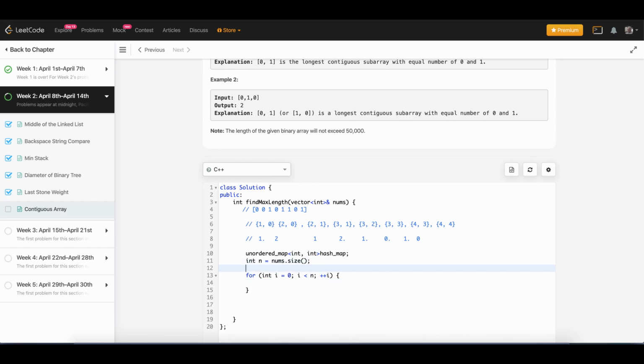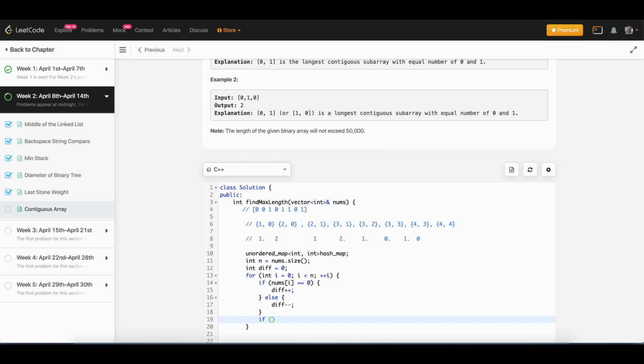And let's define the difference. Diff is 0. So if nums is equal to 0, diff plus plus. If we find 1, then we'll subtract, so diff minus minus.